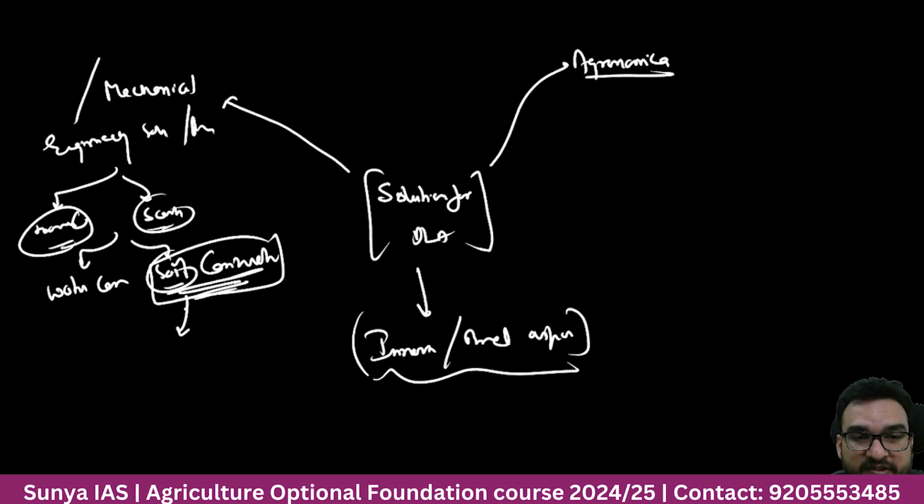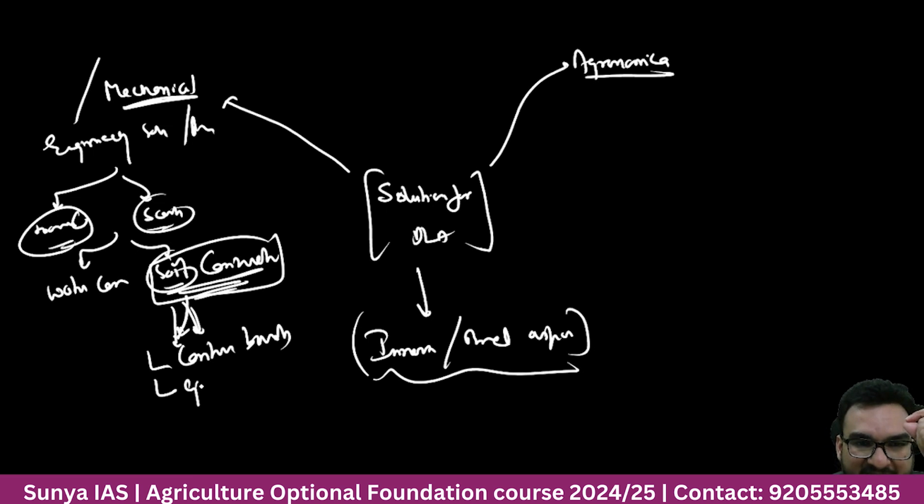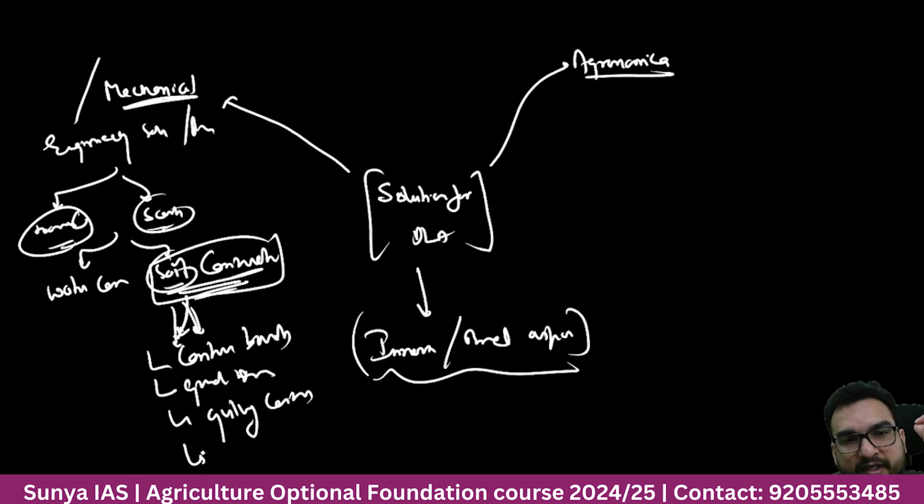Soil conservation methods in the form of agronomical, in the form of mechanical, but we are studying it under mechanical, so you know that soil can be conserved by contour bunding, graded bunding, gully control, right? Like this, soil can be conserved.